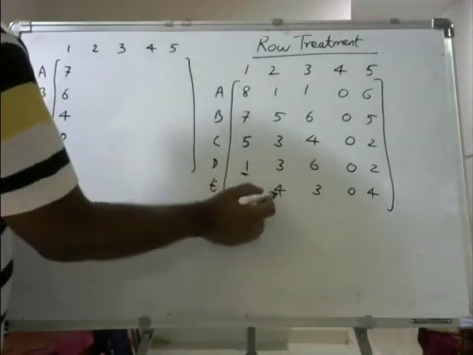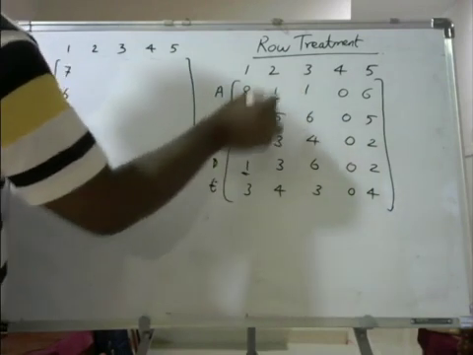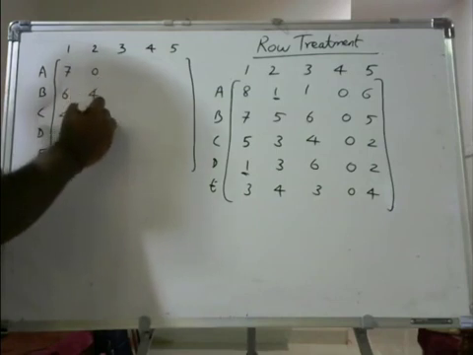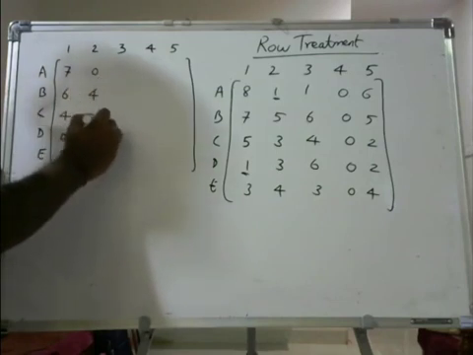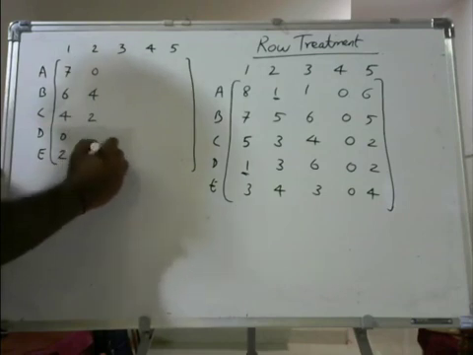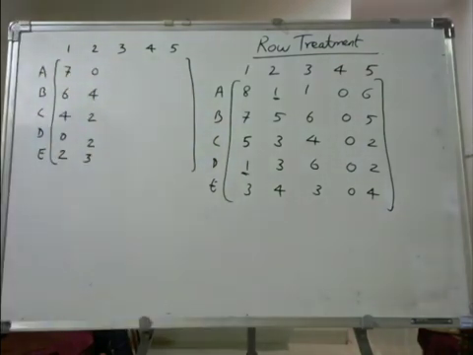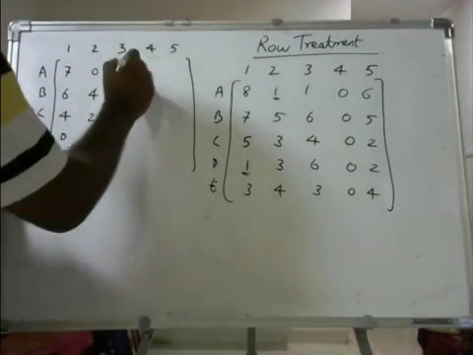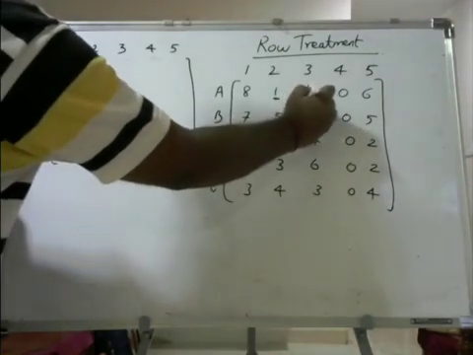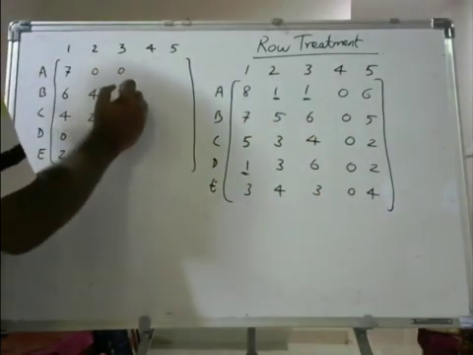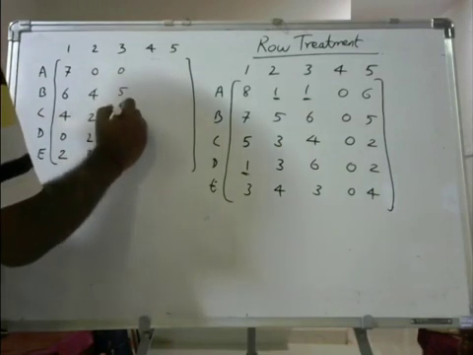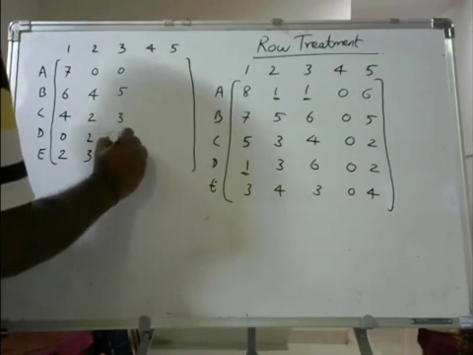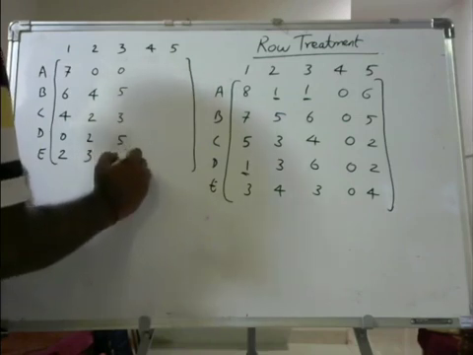Now in the next column the least number is 1, so we get 0, 4, 2, 2, 3. In the next column the least number is 1, so 0, 5, 3, 5, 2.